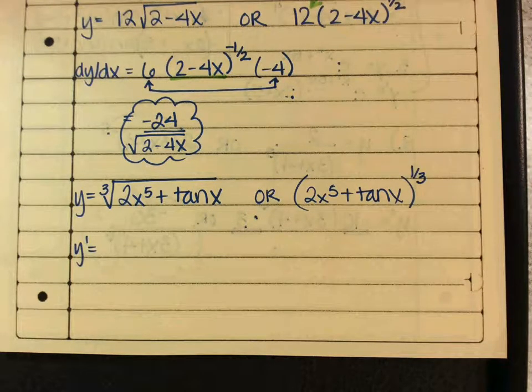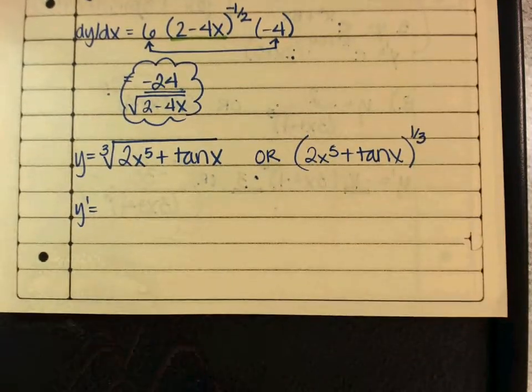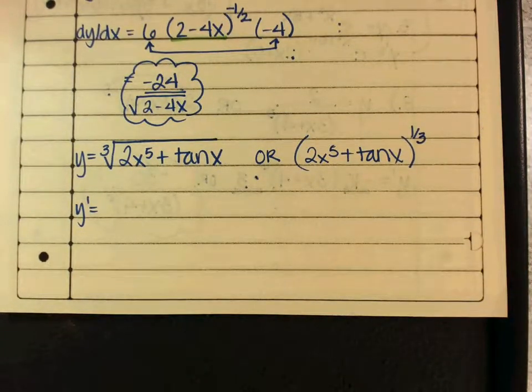That means you should be using the root symbol, not just leaving a bunch of exponent powers. Do you remember the derivative of tan x from before? What was it? Secant squared x. Okay, so when you get to that part, tan x, the derivative is secant squared. Okay?